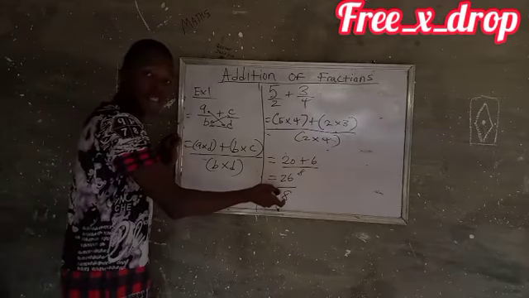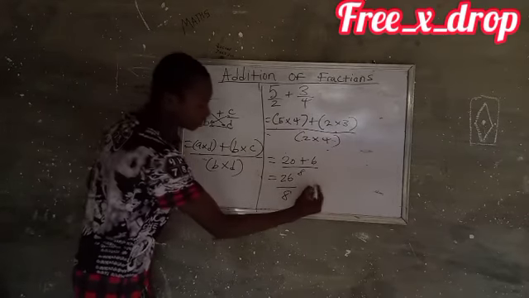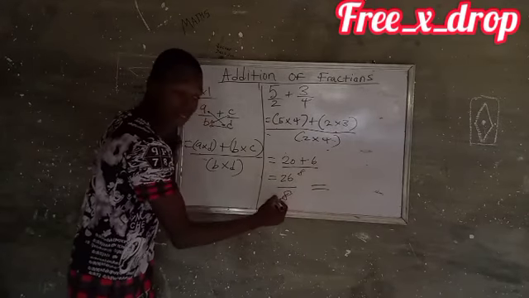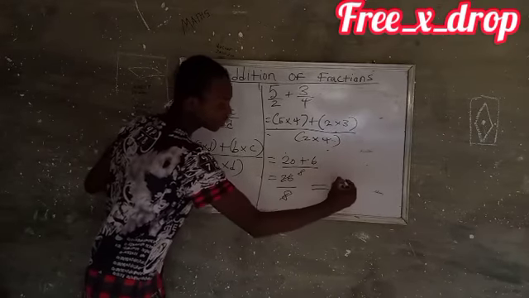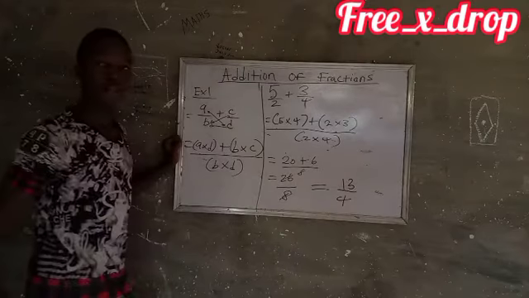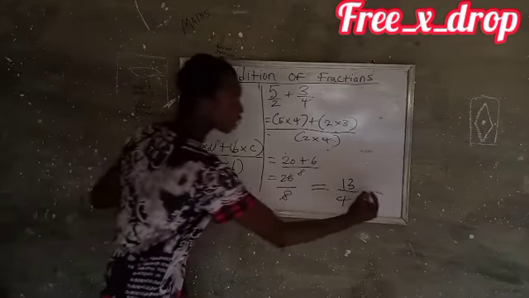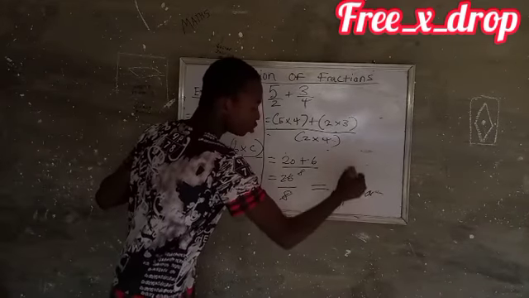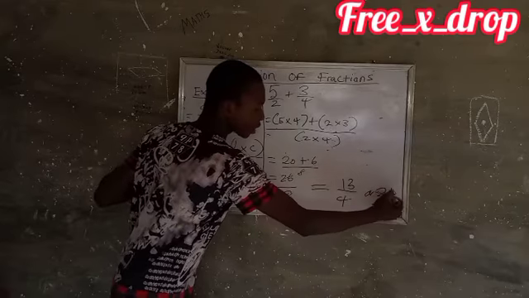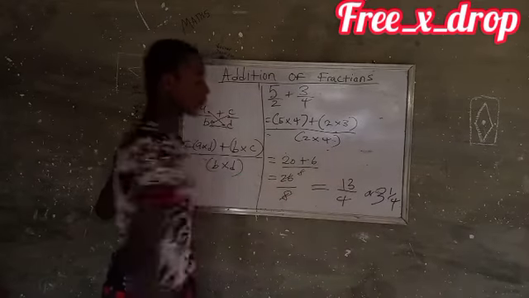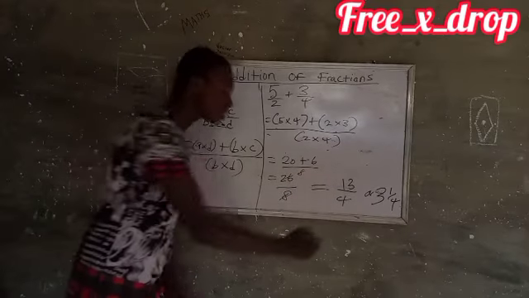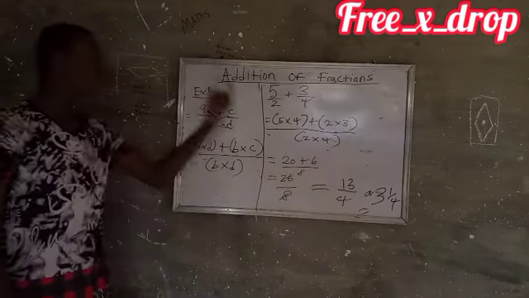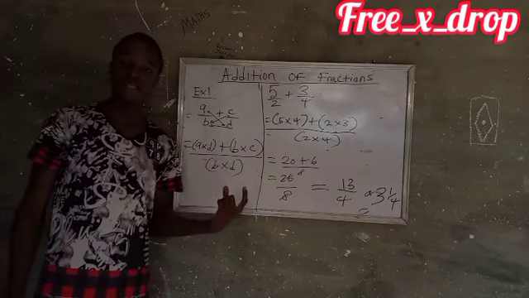When you reduce this by dividing by 2, 2 in 8 is 4, 2 in 26 is 13. If you want to convert to mixed fraction, it will be 3, remainder 1 over 4. So you can see that we've gotten exactly the same answer as we did with the L.C.M.